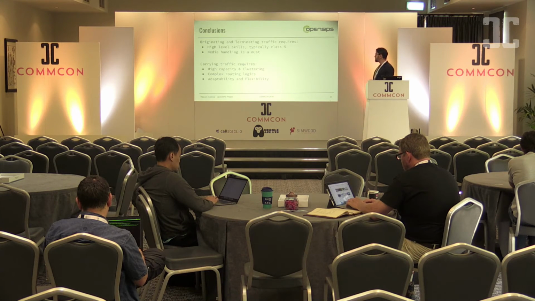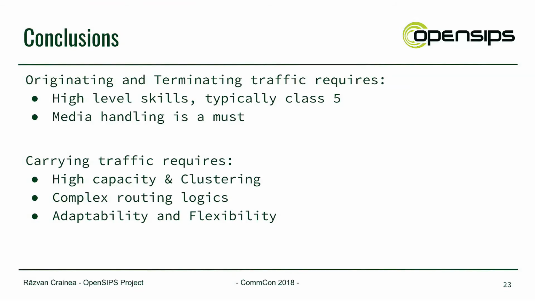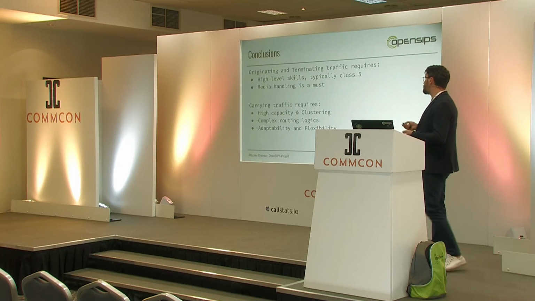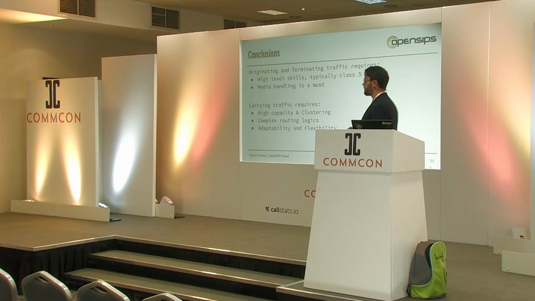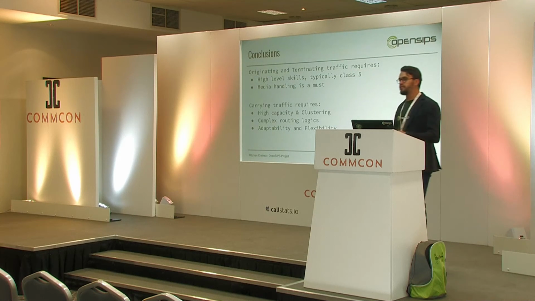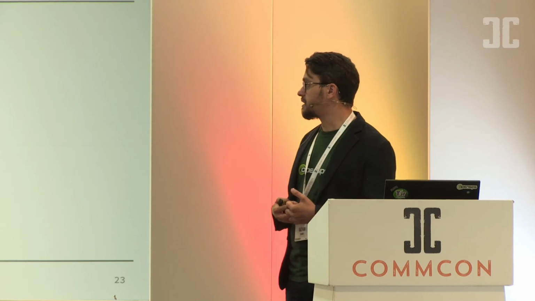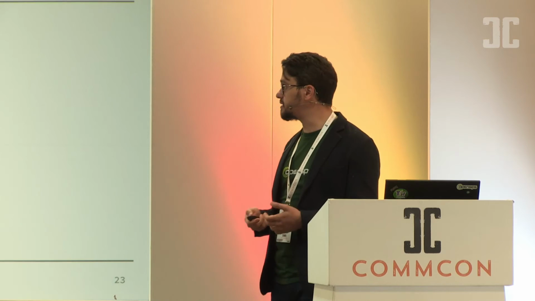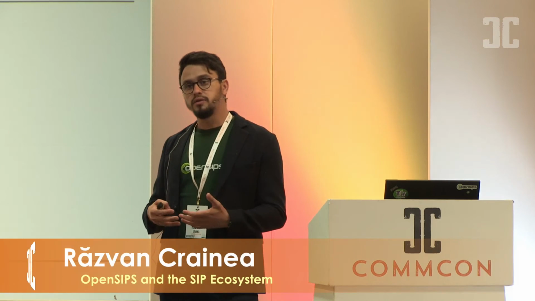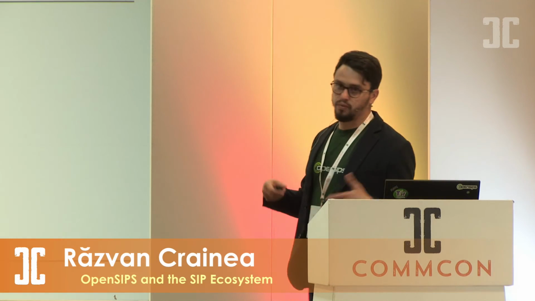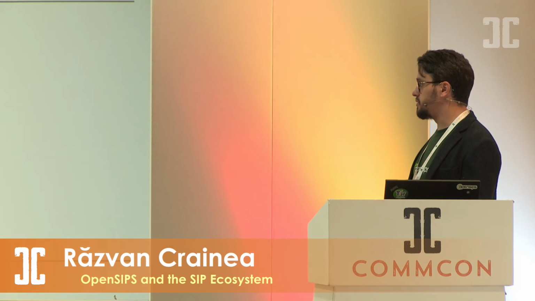So, in conclusion, in the SIP ecosystem, in the VoIP ecosystem, we are used to splitting the traffic into two different categories. One of them is originating and terminating traffic, which requires a very dynamic and a very large set of services and skills, typically class 5 services, and they really need to handle media because, well, that's what those services do.